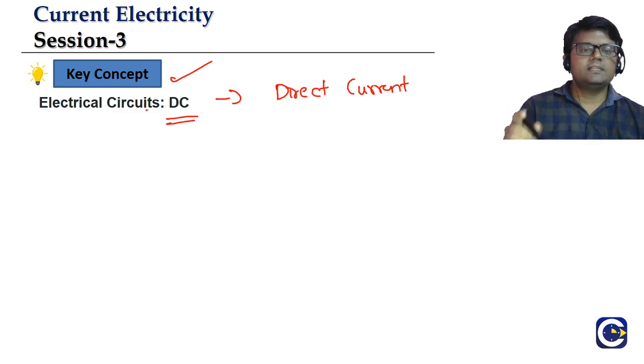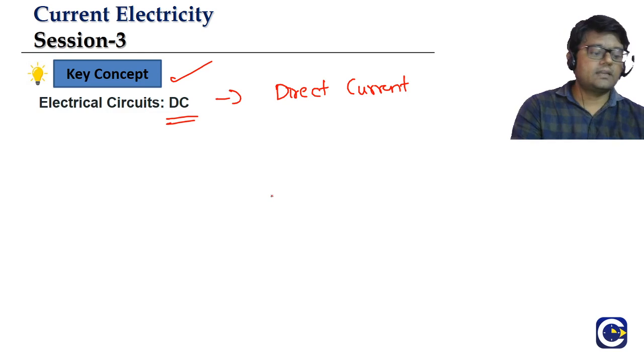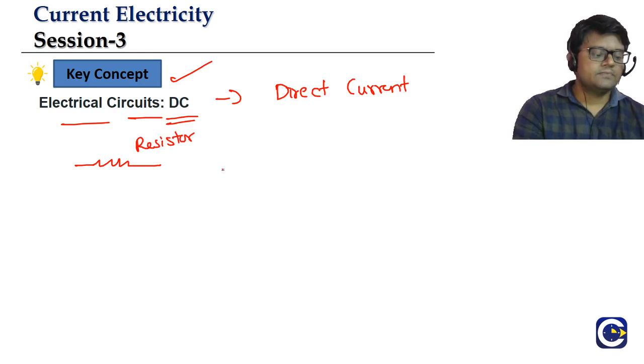We'll see, guys, what electrical circuits in DC are. With regard to electrical circuits in DC, we will have components, which will be a resistor. These are the common components that we'll have. There will be a resistor, and we already have some idea of what a resistor is. We'll study it more deeply. Already we have talked about how the resistance value will be arrived at.